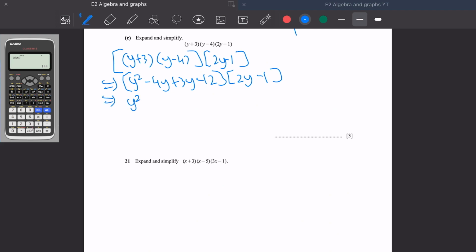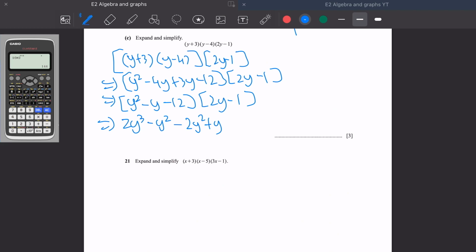So you get y squared minus y minus 12 into 2y minus 1. You get 2y cubed minus y squared minus 2y squared plus y minus 24y plus 12. So 2y cubed minus 3y squared minus 23y plus 12.